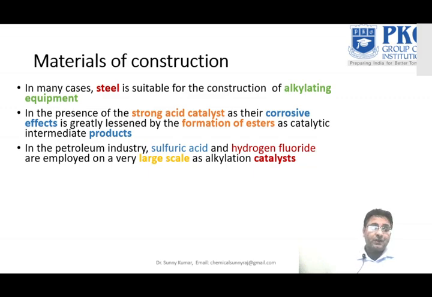They are very strong oxidizing agents, so they can corrode any metals. So we have to choose materials that do not affect our reaction. Otherwise, in the middle of the process our system will break and the process will be shut down. So this is very important.